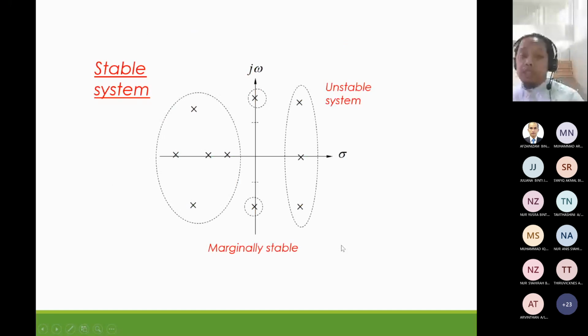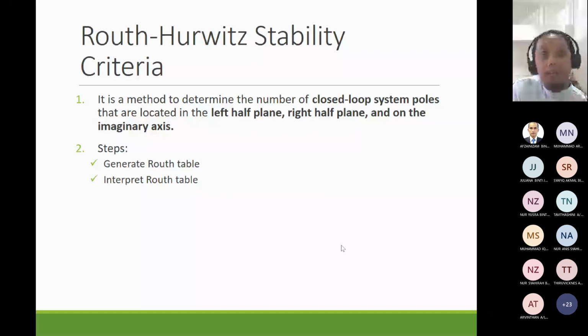So that's basically how to determine stability from pole locations. From the pole locations, we can determine the system stability. And from here, a method has been developed to determine how many poles are on the left half plane, on the right half plane, or on the imaginary axis.